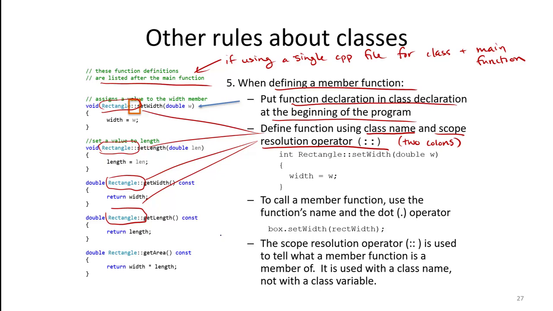And so I call the scope resolution operator kind of the membership badge. The scope resolution operator designates that function to be a member of the rectangle class.